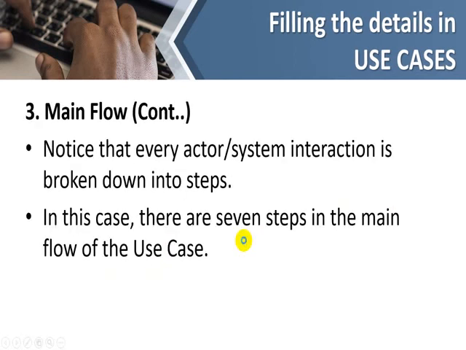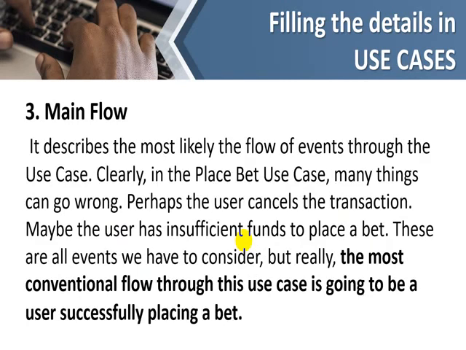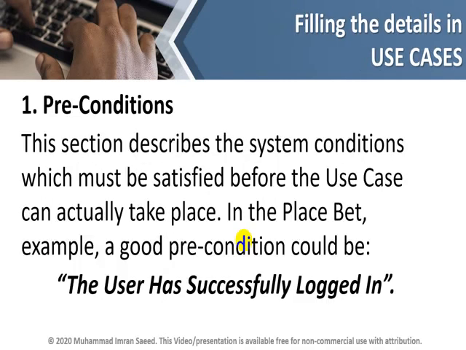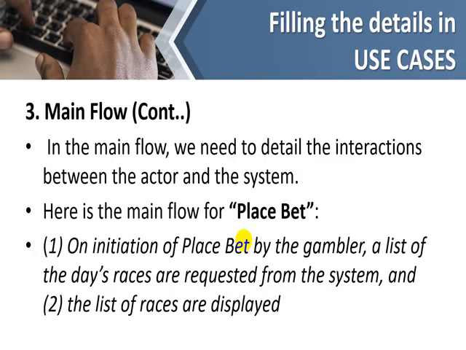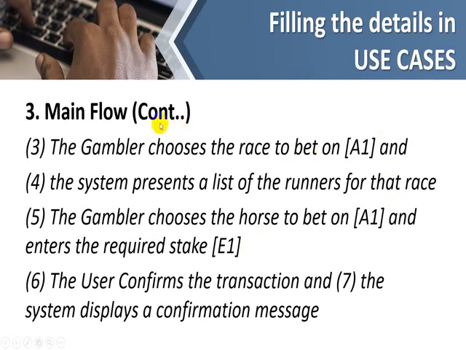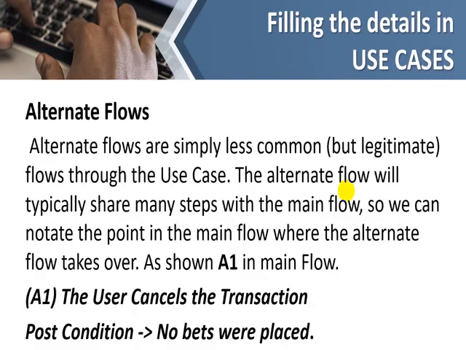Let me show you over here. When a gambler chooses the race to bet on, here we have an alternate flow. So we mention that he can do this, but the alternate can also happen. And what that alternate can be, we can see.